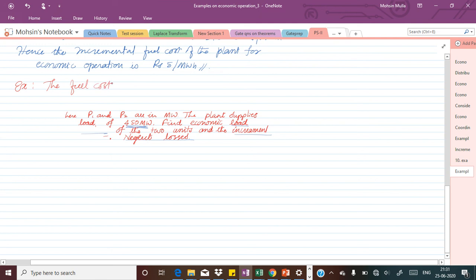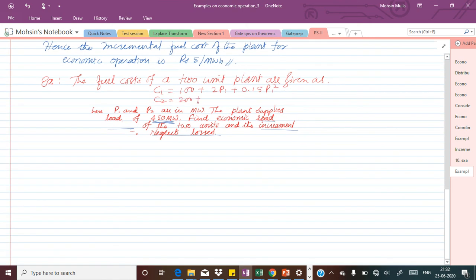The fuel cost of a 2-unit plant is given as C1 equals 100 plus 2P1 plus 0.15 P1 square, and C2 equals 200 plus 2P2 plus 0.2 P2 square.